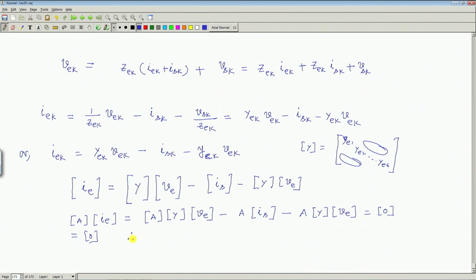Therefore, I can say A into Y into V will be equal to A into I S. You take these two terms on the right hand side, plus A into Y into V E, that will be the thing.